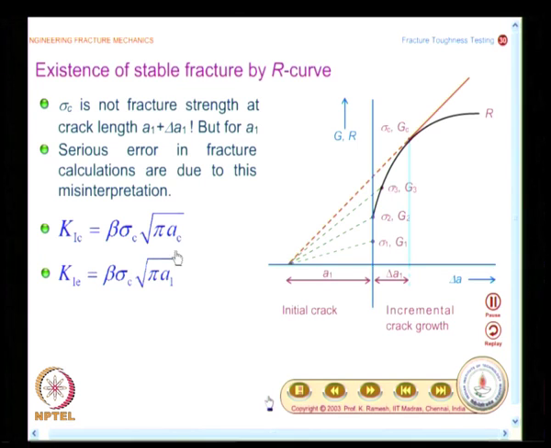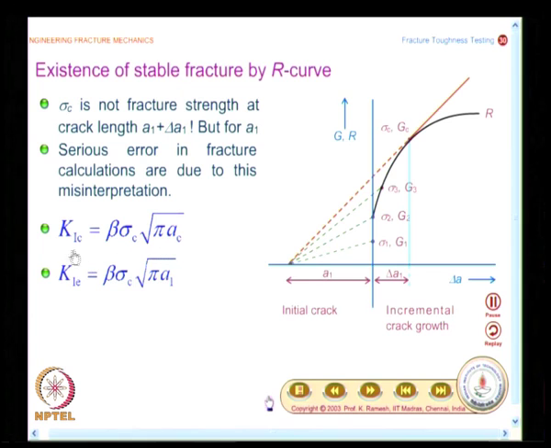So, people have come out with another alternate terminology. If you go by what is K1C, you will simply say beta is your factor for finite geometry, which would be a function of A by W and so on and so forth. Sigma c root of pi AC is what we are accustomed to. That means you have to give what is the critical crack length AC. You may not be able to even measure it properly.